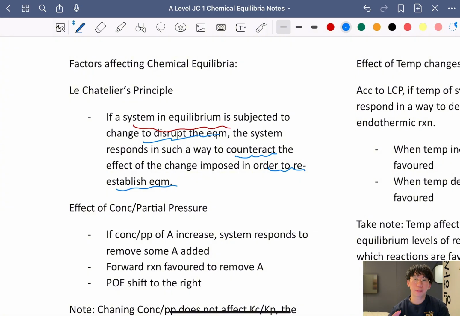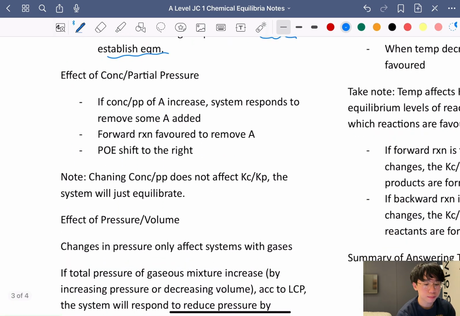Now, here are some examples of the factors that affect your chemical equilibrium. One such factor is the effect of concentration or partial pressure. When that happens, the system naturally would respond in such a way to remove the concentration itself. And because of that, you will favor the reaction that will remove this extra concentration.